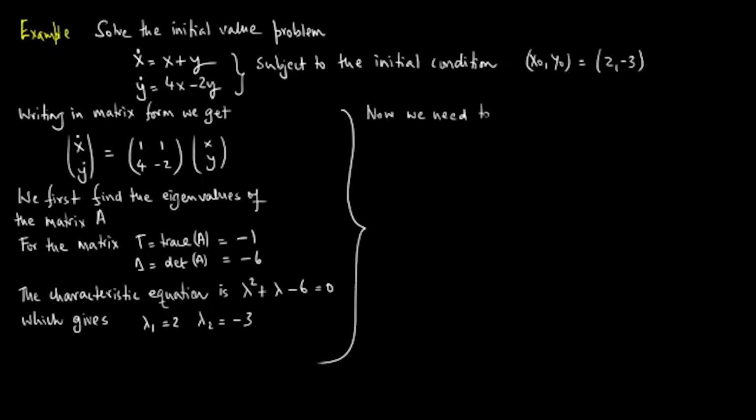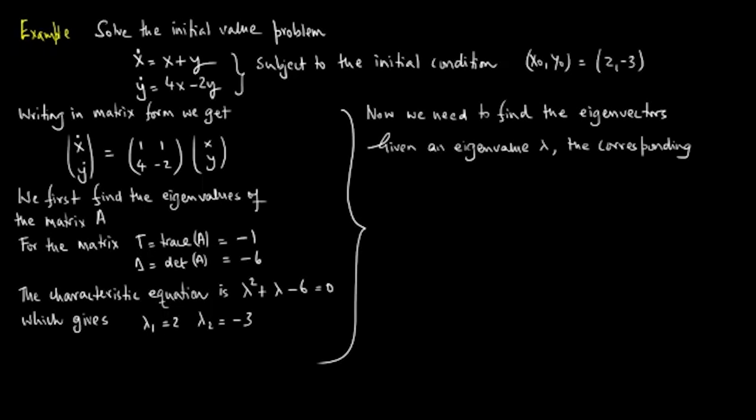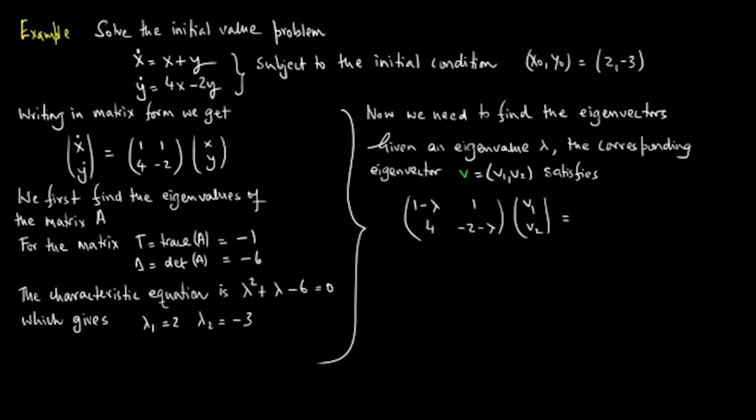Now we need to find the eigenvectors. So given an eigenvalue lambda, the corresponding eigenvector v, which is composed of v1 and v2, satisfies the matrix 1 minus lambda, 1, 4, minus 2 minus lambda, times v1, v2 is equal to 0, 0.